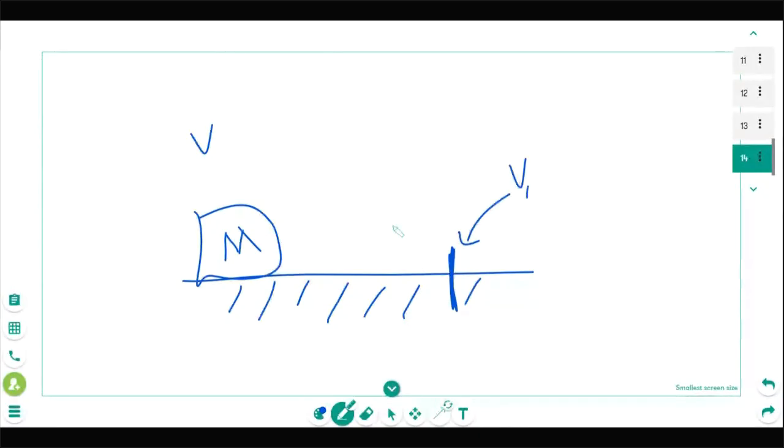It is less velocity than before, so v1 is smaller than v0. This distance was covered by some variable, let's call it x. And we're asking just what was the work done by friction. Actually, we can take it a step further. Let's find mu, the coefficient of friction between these two objects.